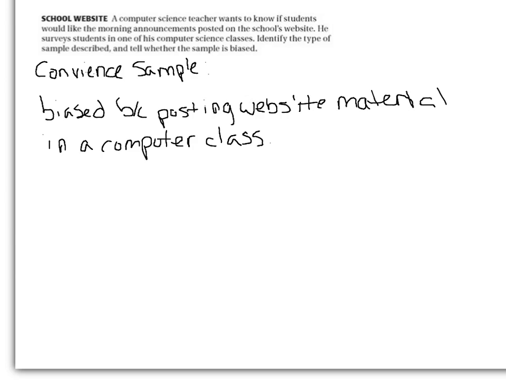Because see, if he just had random students, maybe they didn't like it. But of course, the computer people are going to want to post it on the internet. Okay?